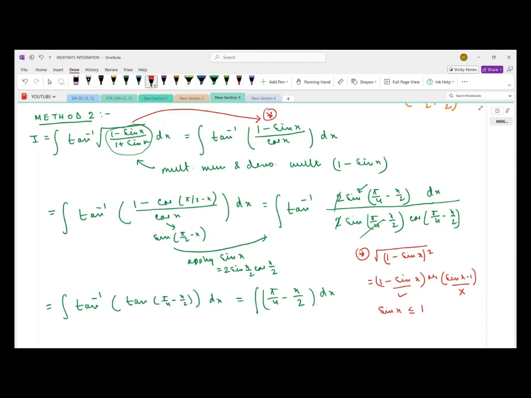So here it is sine x minus 1. Now that means this thing becomes negative. Sin x is less than 1, so it becomes negative, and you cannot have a negative sign under the square root. That is why we don't take this. So this is just an explanation. You don't have to write this in the exam. Just keep it in mind that I will express it as 1 minus sin x. That's all.